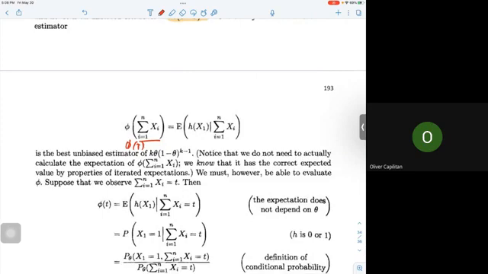Equal to that. Okay, so according to our theorem, ito ngayon, ito siya, the phi of our, the function of our complete sufficient statistic is the best unbiased estimator of the function of the parameter. Ito.